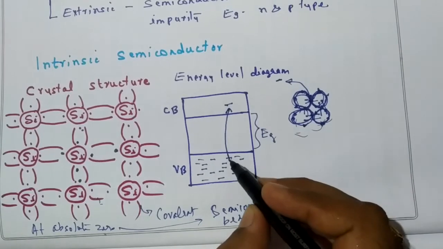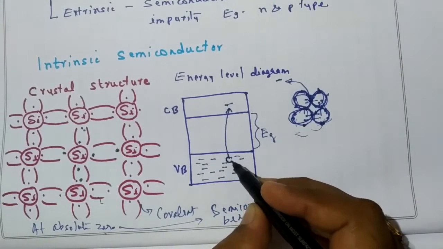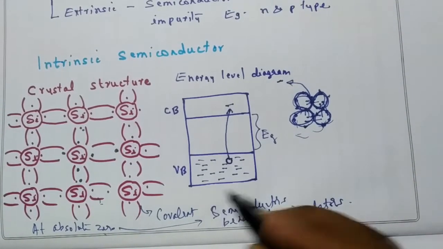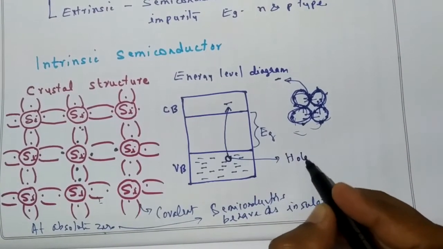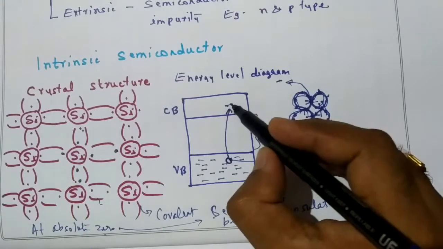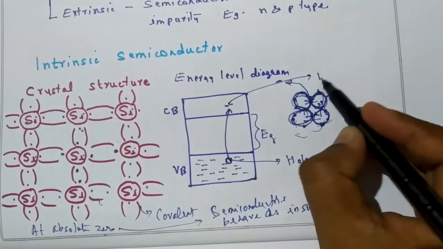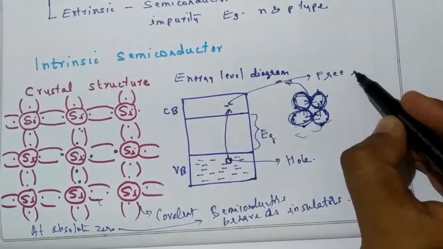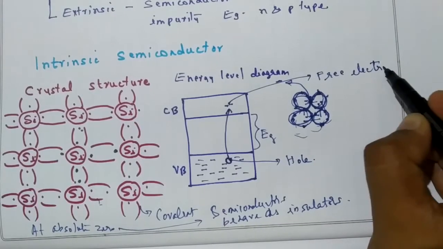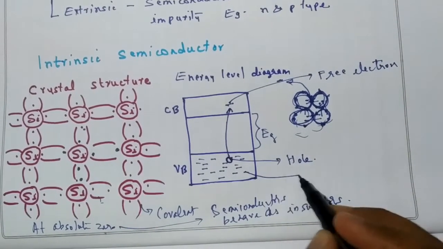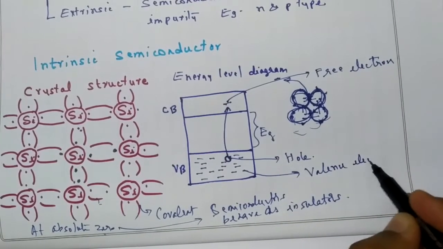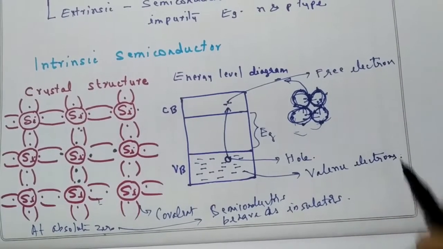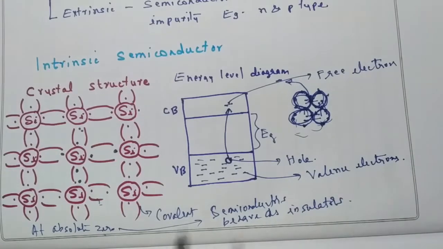This vacancy of electron is called a hole, and this electron is called a free electron, and these electrons are called valence electrons. So valence electrons are different, free electrons are different.